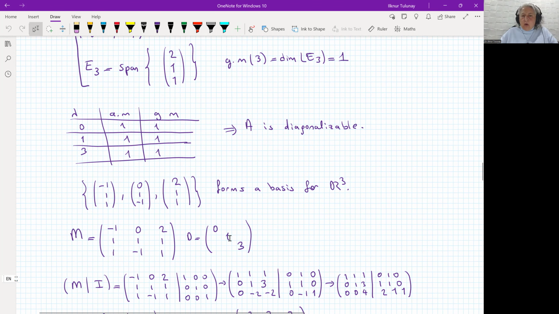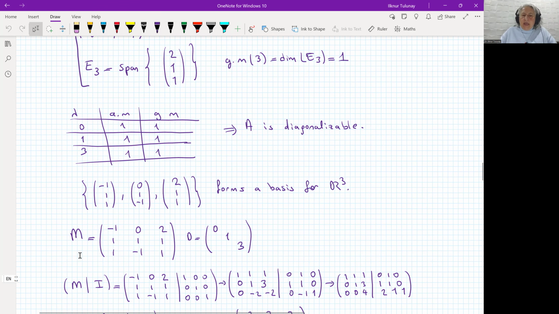And this is lambda equal to 0, 1, 3, these are the eigenvalues, right? The eigenvalue 0, this is the eigenvector for 0. Eigenvalue 1, this is the 1 eigenvector. Eigenvalue 3, this is the 3 eigenvector, which is the basis of the eigenspace corresponding to the eigenvalue 3.